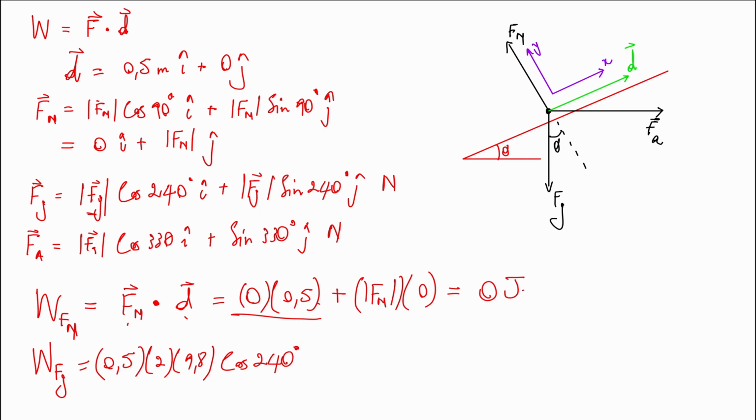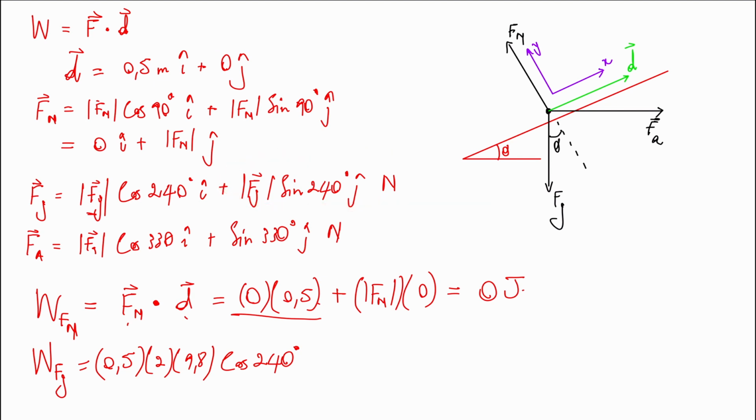So this is simply the half from the displacement vector and the x component of the gravitational force, and that's the x component. What about the y component? The y component is going to be 0 for the displacement, and it's going to be this thing for the gravitational force.